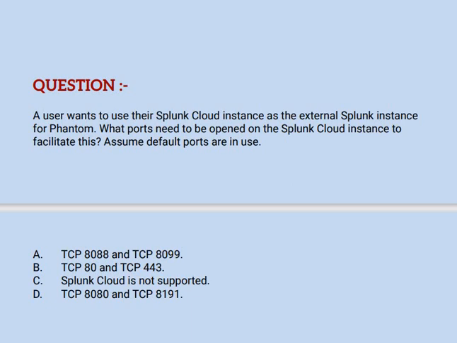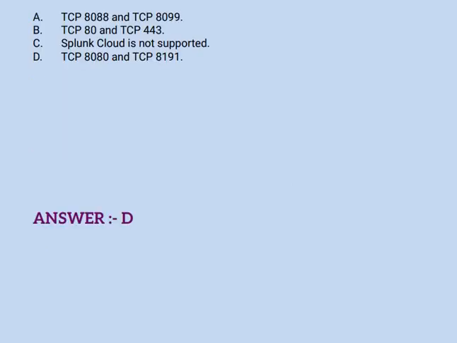Option B: TCP 80 and TCP 443. Option C: Splunk Cloud is not supported. And option D: TCP 8080 and TCP 8191. The correct answer is option D.